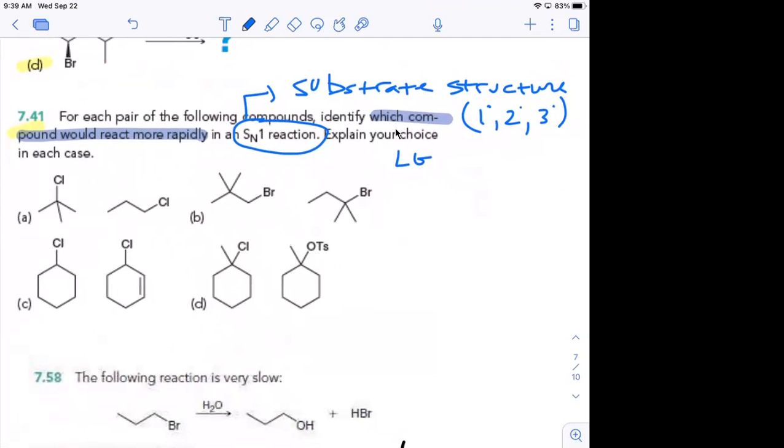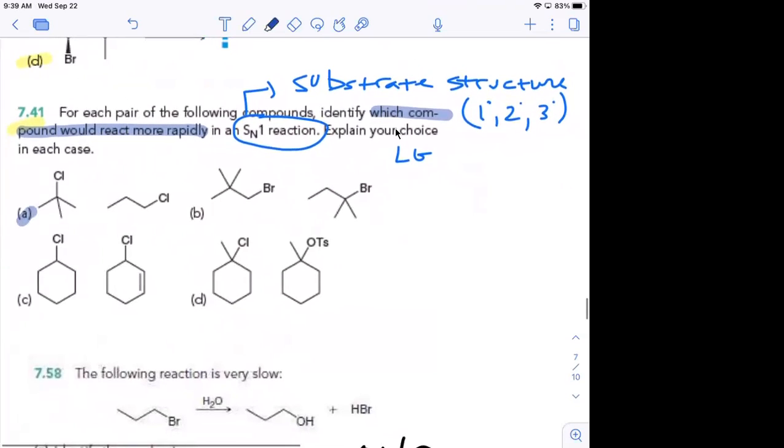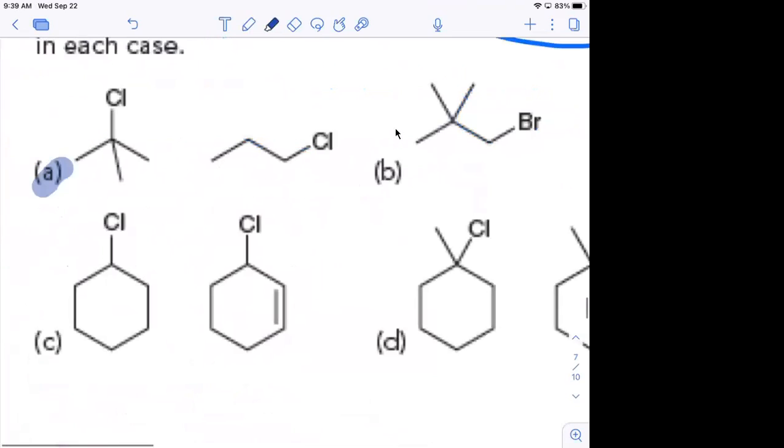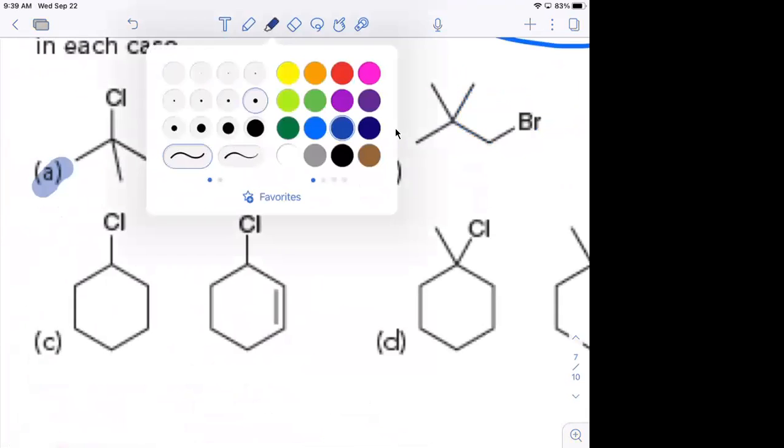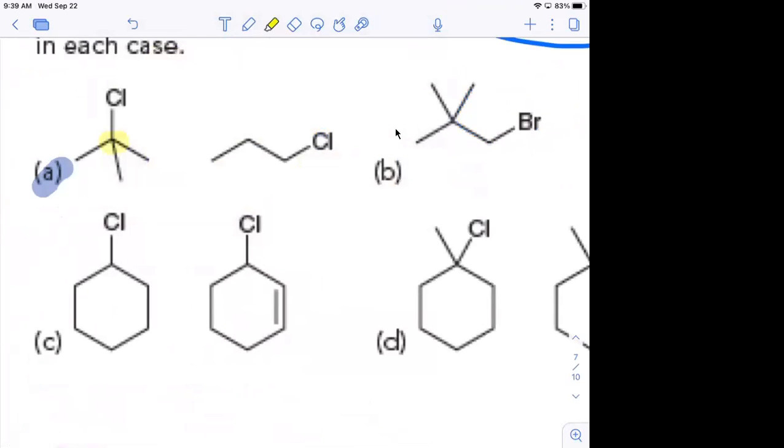All right. So if we look at A, what are we comparing in A? Look at the carbon where your leaving group is. So here we're comparing substrate structure, right? This is a tertiary carbon. And this is, what type of carbon is that? It's primary. So what does that mean in terms of the rate of the reaction? Which one of those is going to form that carbocation faster?